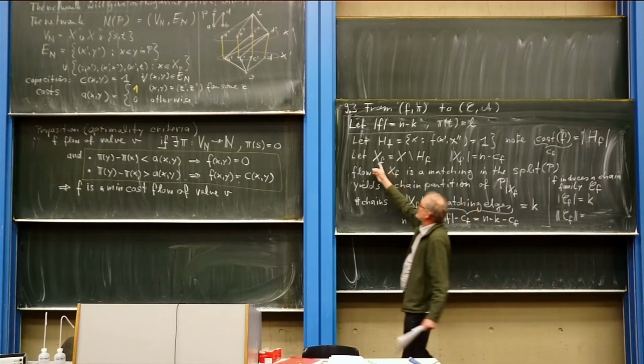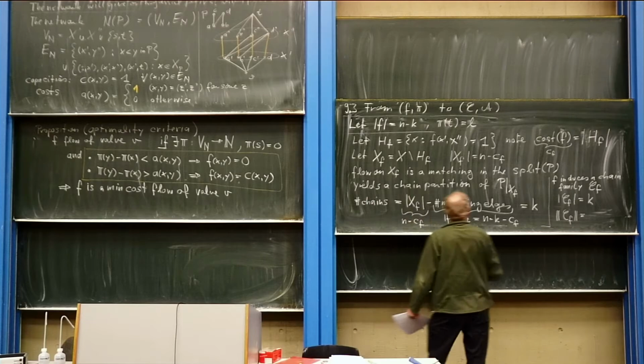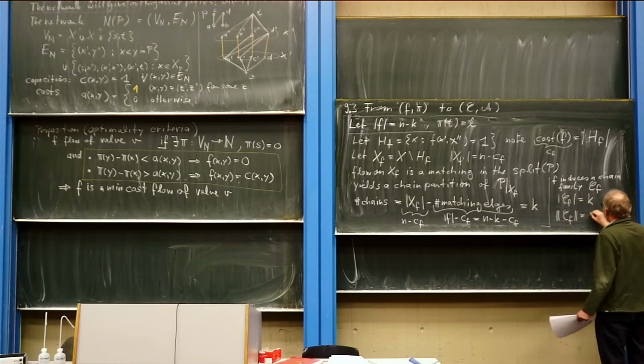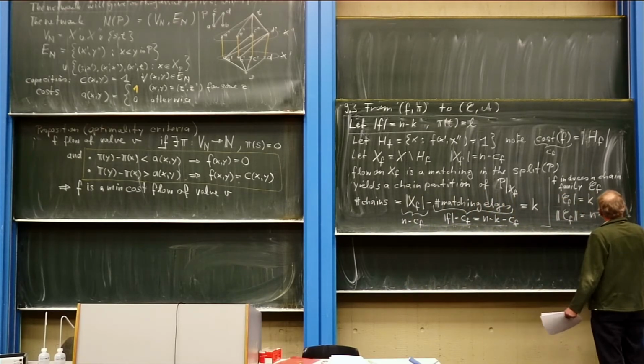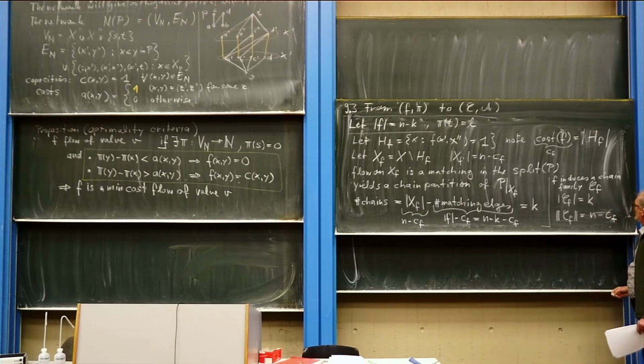This is the set of elements covered by this chain partition, and so this is equal to n minus the cost. Good.